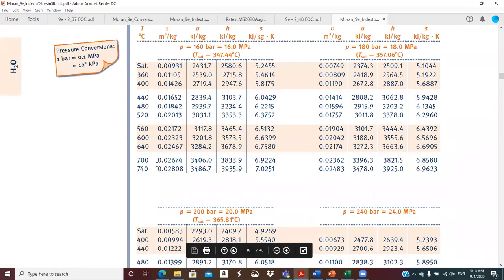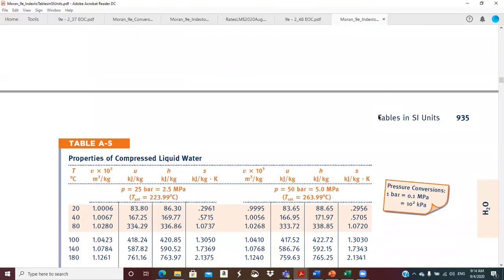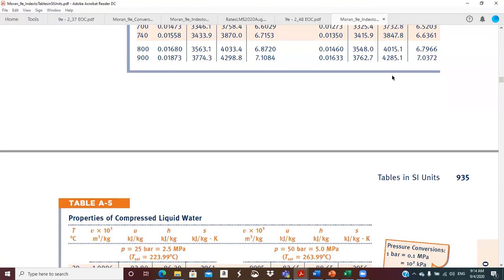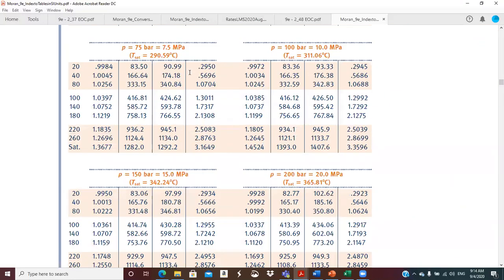The highest one they include is 320 bar or 32 MPa. I guess that's 32,000 kPa. That's pretty high pressure. And then we have the compressed liquid water table that we talked about previously.